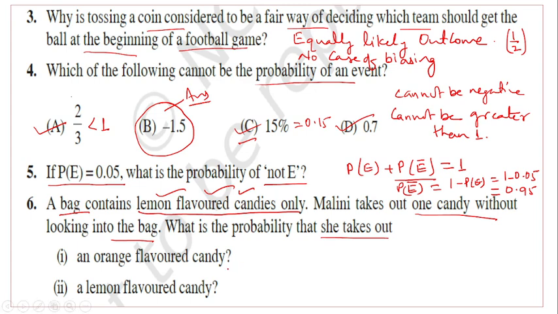Orange flavored candy is not available, so how can she take it out? Its probability will be 0. And a lemon flavored candy is a sure shot event because the bag contains lemon flavored candies, so it will be 1.